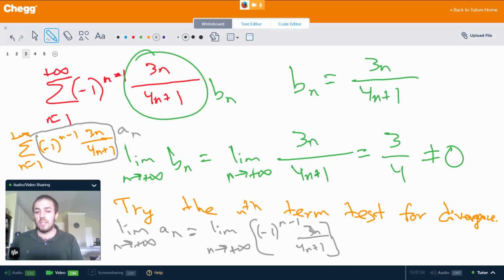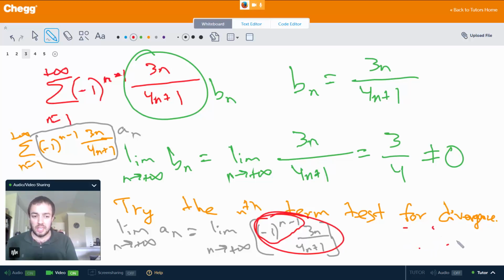Now, we have a problem here because as n gets larger and larger, this part right here, this negative 1 to the n minus 1, keeps bouncing back and forth between 1, negative 1, 1, negative 1. So as n shoots off to positive infinity, this entire thing keeps bouncing back and forth between positive and negative. So the limit actually does not exist because this oscillation just does not stop.